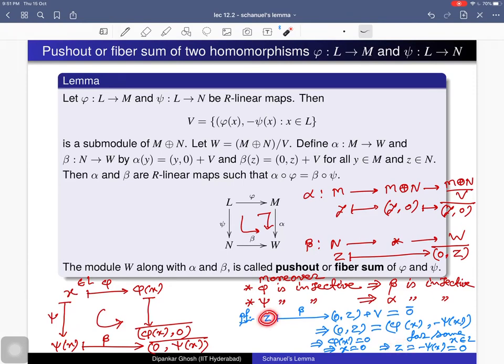So if z is going to the 0 element here, then z should be 0. So it is basically proving that if the kernel of phi is trivial, then the kernel of beta is also trivial. So phi is injective implies beta is injective. And in a similar way, you can prove that psi is injective implies alpha is injective. We will use these properties later.